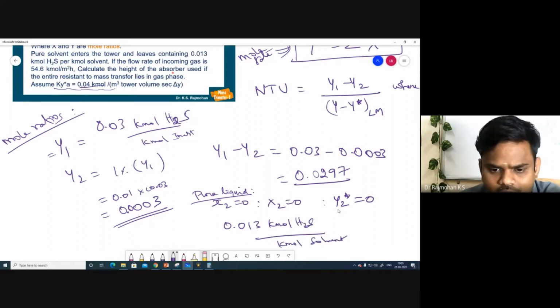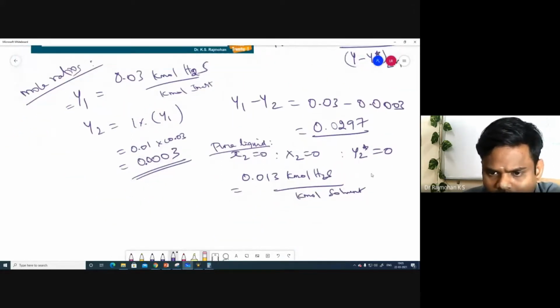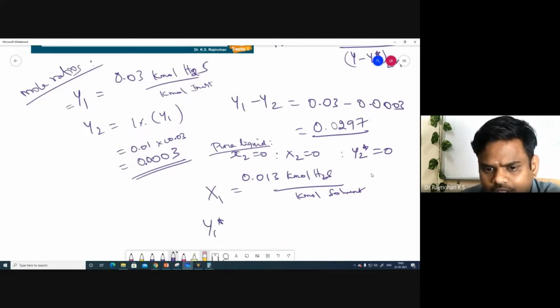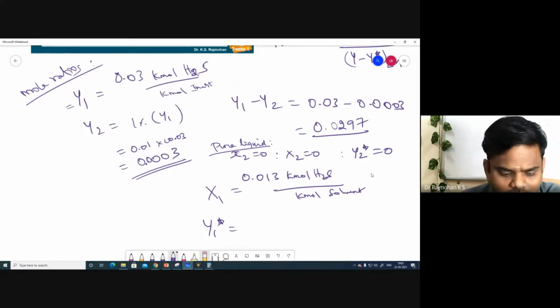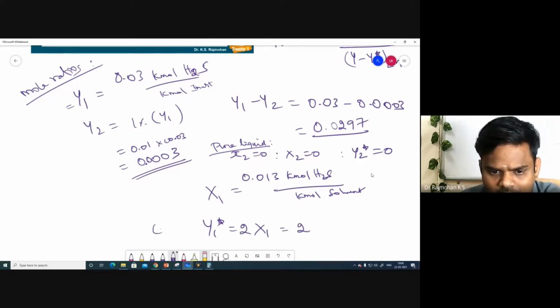Is it a small x1 or capital X1? It is a mole ratio, which means capital X1 is given directly. Then what is your Y1 star? Y1 star is given by the relationship 2 into X. So Y1 star is equal to 2 into X1, from the equilibrium relationship.